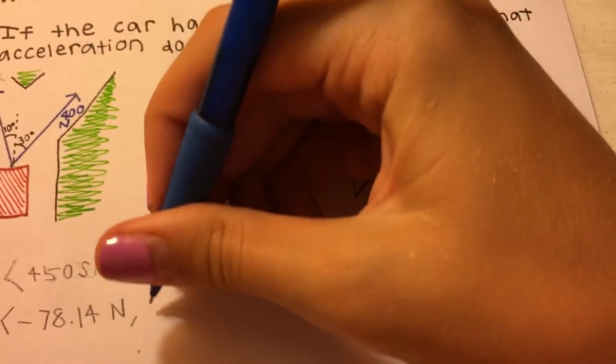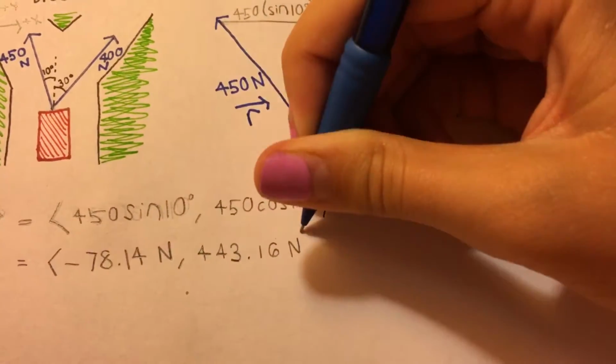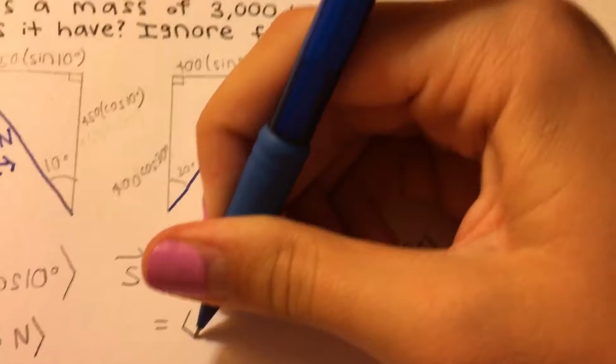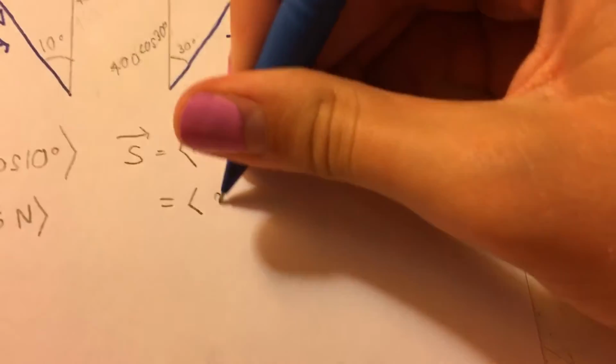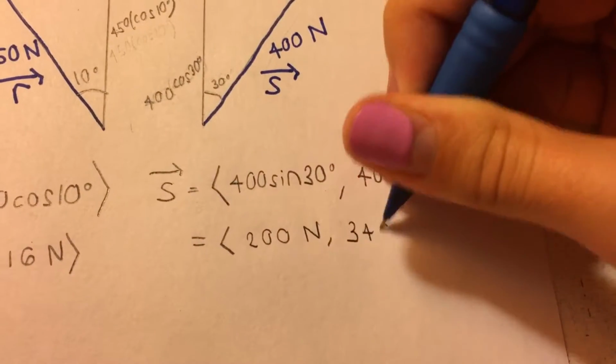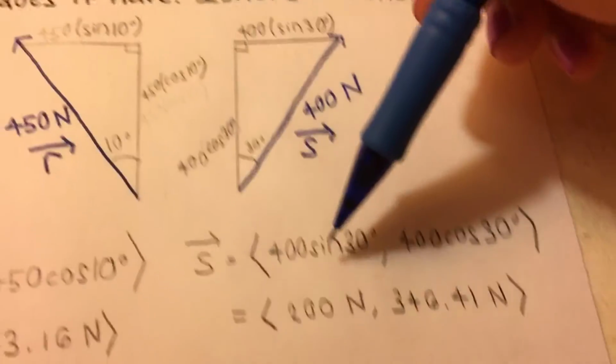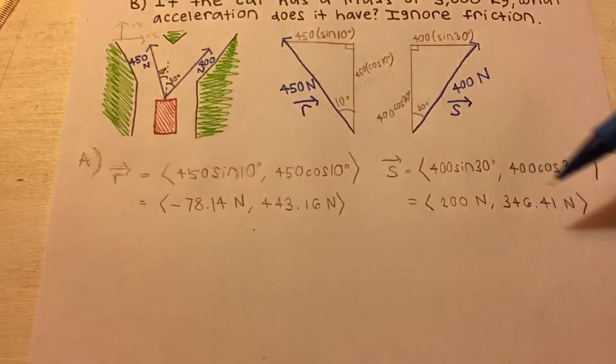And then the y is 443.16 newtons once you do it in the calculator. And for S, we get 200 newtons and 346.41 newtons from calculating these and putting them into our calculator. So this is what we end up with.